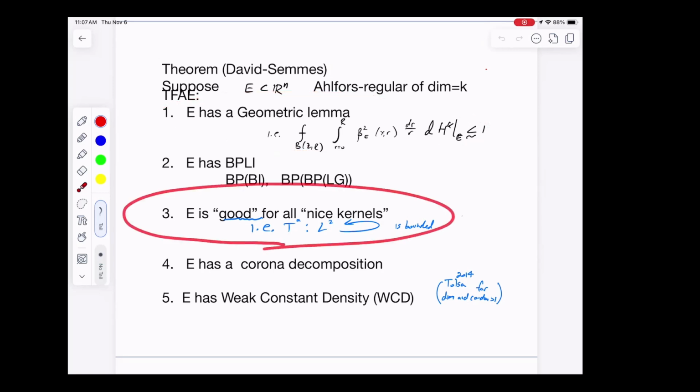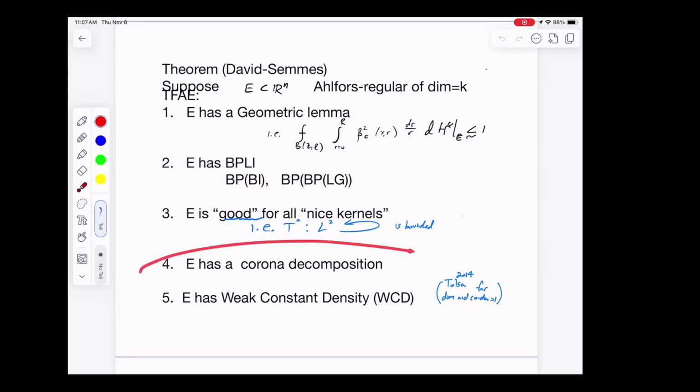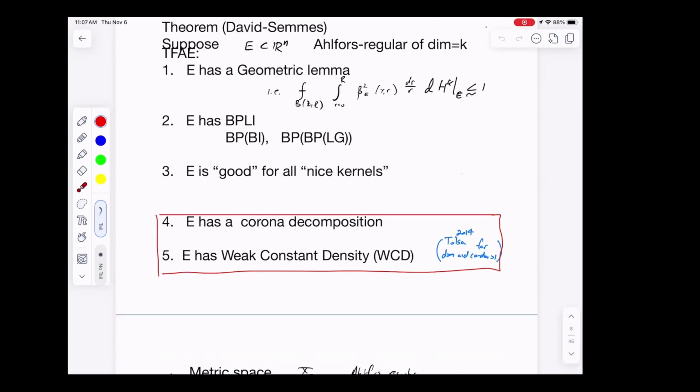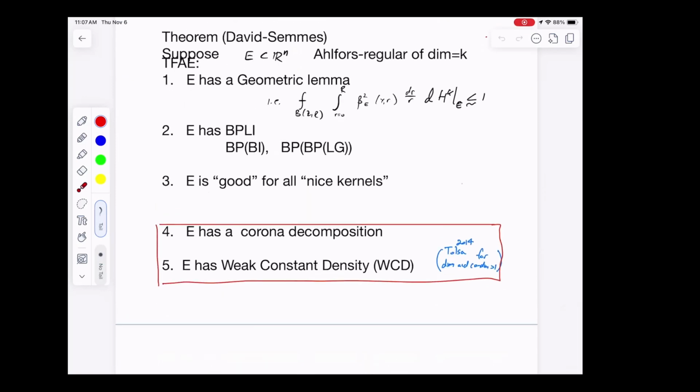It's equivalent to the goodness for singular integrals, so it's on the plane. This has to do with what I briefly mentioned earlier. Properties 4 and 5 I'm going to talk a lot about today. One of them is that E has what's called a corona decomposition, and the other is that E has a weak constant density condition.